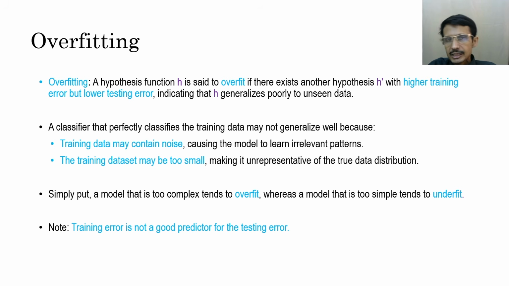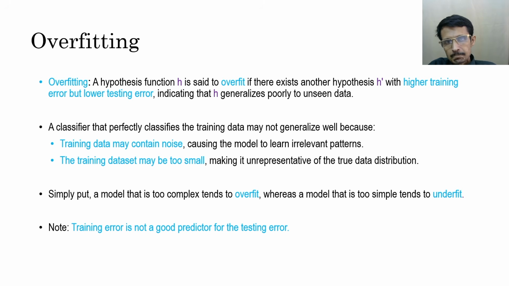Now, overfitting is basically a situation when there exists another hypothesis function. Say our first function is H, and another is H bar.